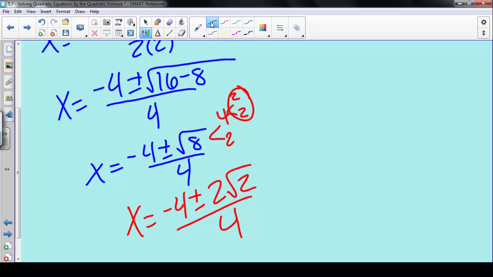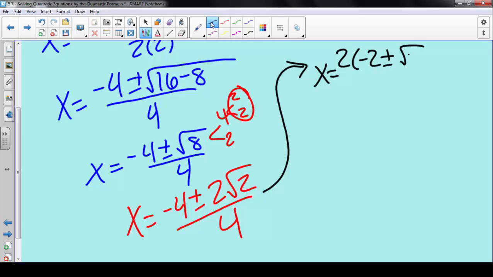And now what we can do is factor out a 2 from our numerator. And notice 2 divided by 2 is 1. We just don't have to write that one. You can if you want. And then 2 and 4 can divide out. We're left with a 2.